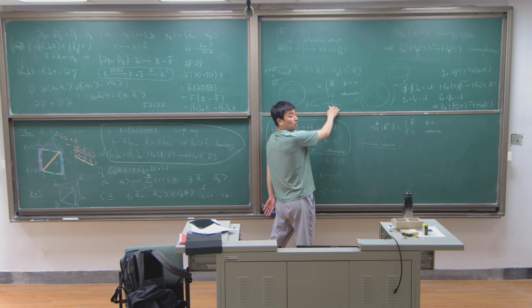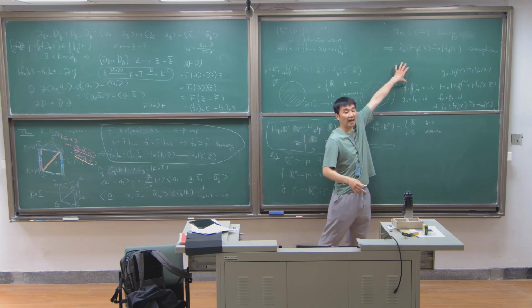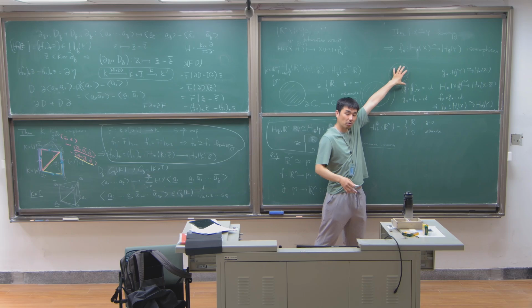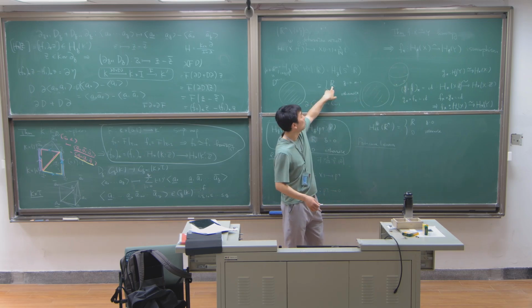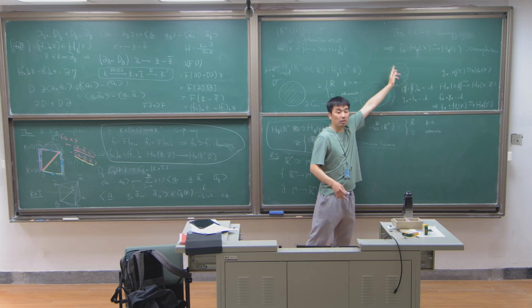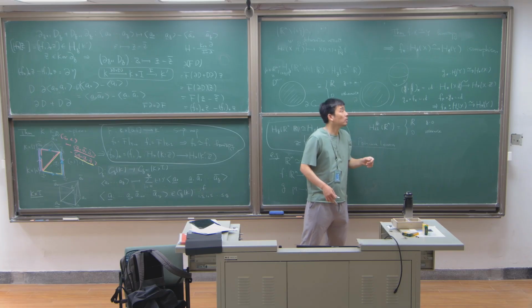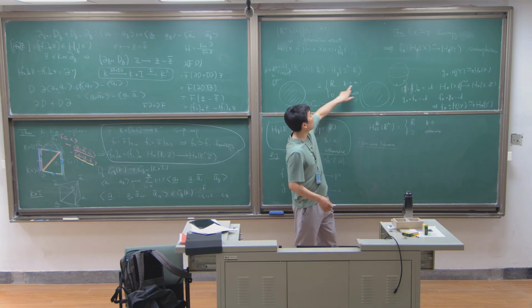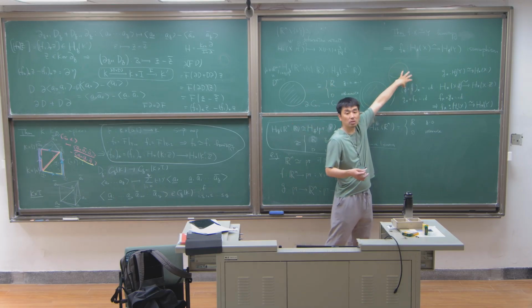Therefore, this boundary map becomes 0, so this is a cycle, an n minus 1 cycle, which is an element of R. That's the intuition. And q equal to 0 has just one connected component. So this n minus 1 degree R is its fundamental class, the entire S2 you can consider.